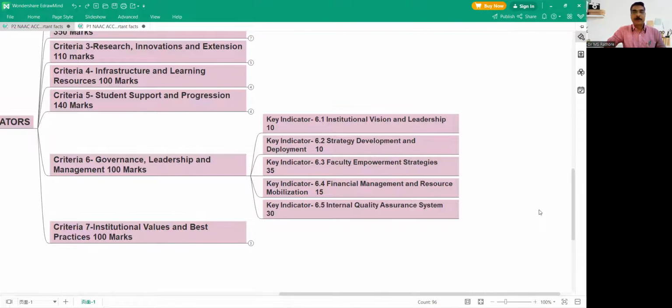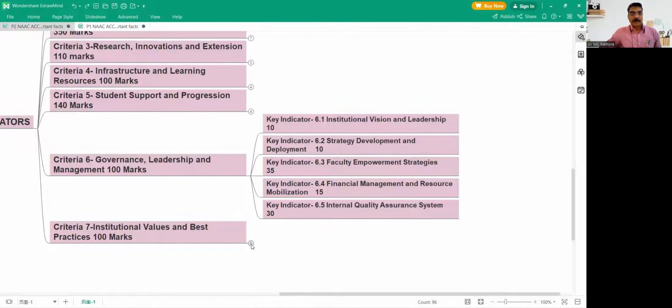Then key indicator 6.5 is very important, and this is the key of the whole NAAC process, and this is concerned with the IQAC establishment. This is about the internal quality assurance system being in place. And when the NAAC peer team visits, they will specifically look into these aspects, that is how well the internal quality assurance cell is functioning, and it is comprising 30 marks.